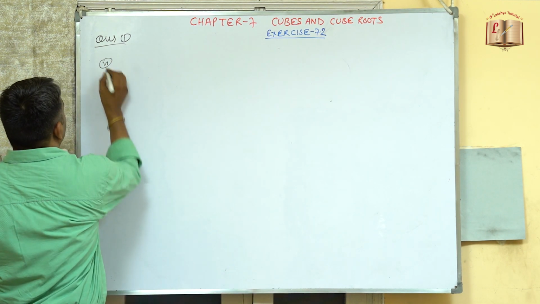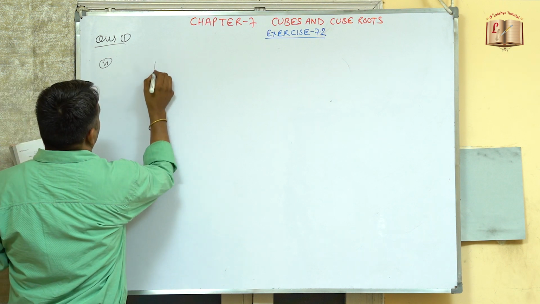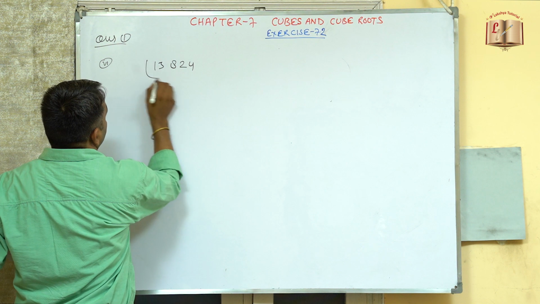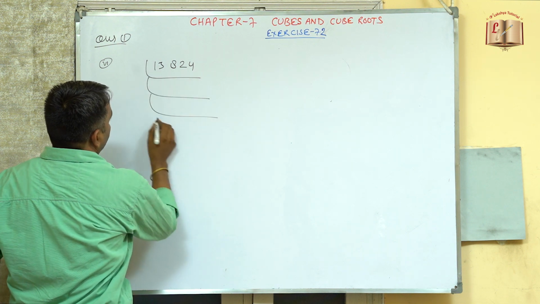Similarly, suppose we take up one more part: 13824. Again we will find out the prime factors.